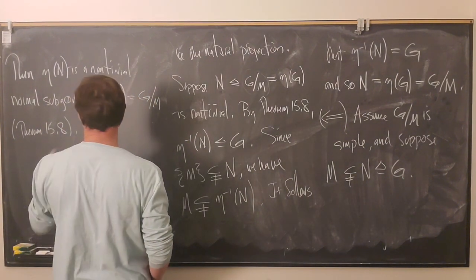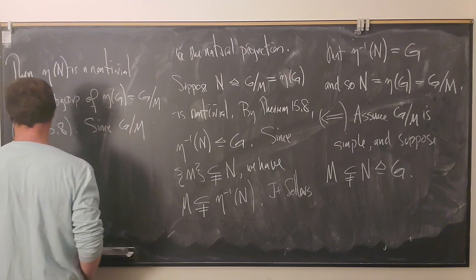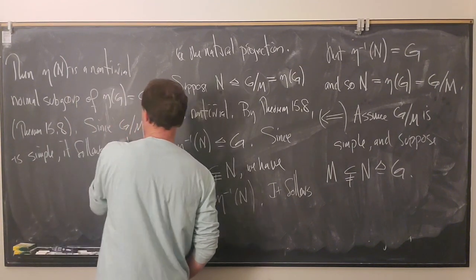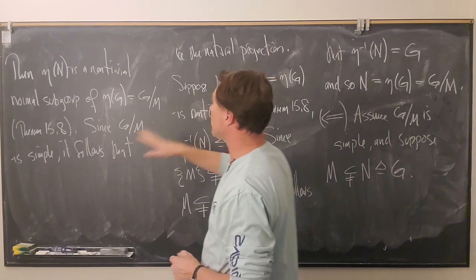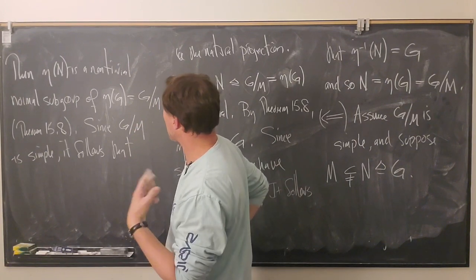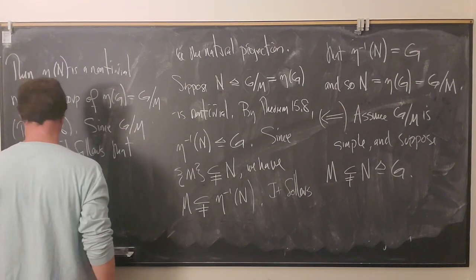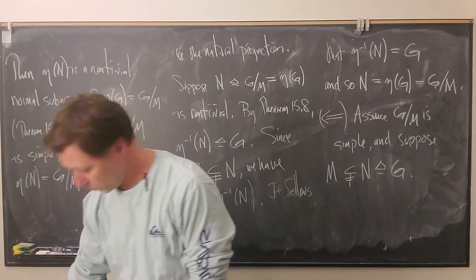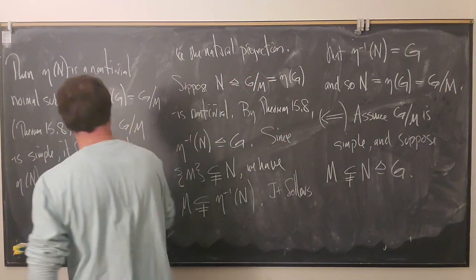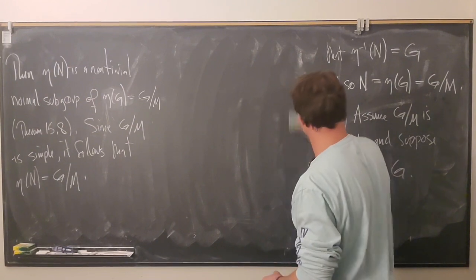Now what do we know? We know that G mod M is simple. So since G mod M is simple, we have a non-trivial normal subgroup of G mod M. That forces us to conclude that it's actually equal to all of G mod M. So it follows that eta of N is equal to G mod M. And now my claim is that N has to equal G. That's what we need to conclude that M is a maximal normal subgroup.